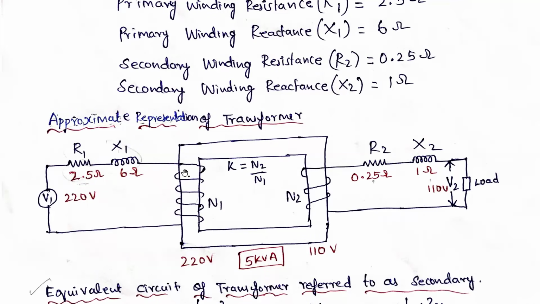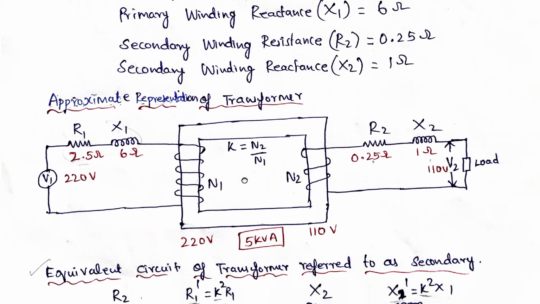If you are drawing 10 and 5, very good. If you are drawing 4 and 2, good. Whatever numbers you take, the ratio should be 2:1. That's all. So this is the approximate representation of the transformer.